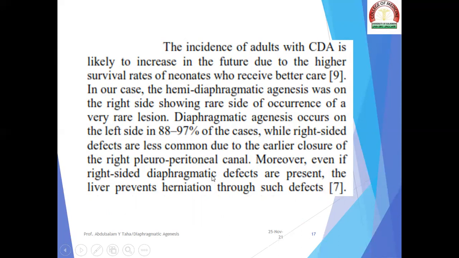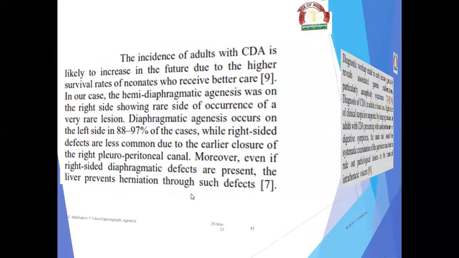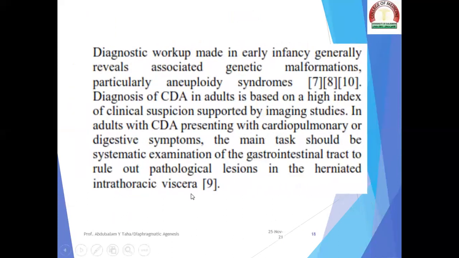Moreover, even if right-sided diaphragmatic defects are present, the liver prevents herniation through such defects. Diagnostic workup made in early infancy generally reveals associated genetic malformations, particularly aneuploidy syndromes.